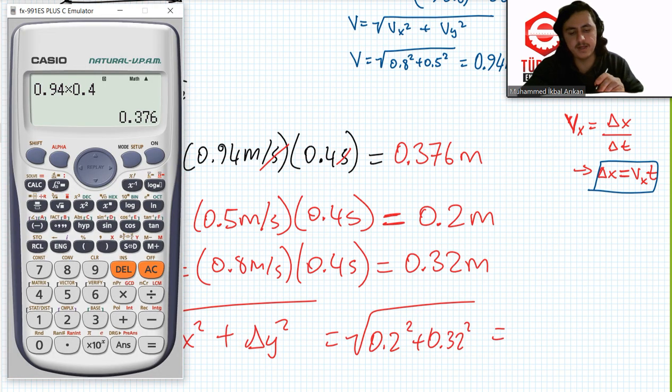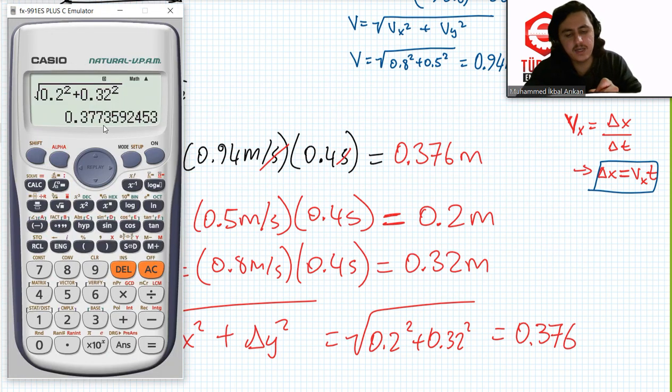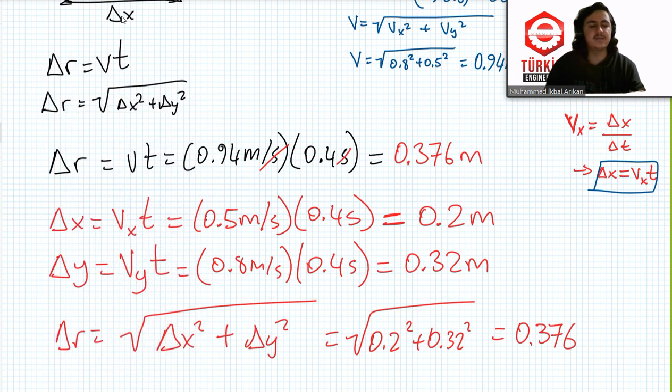You must get the same answer. We will check now. The square root of 0.2 squared plus 0.32 squared gives 0.378, actually 0.37 here, but sometimes we make some rounding, so they are nearly equal to each other.